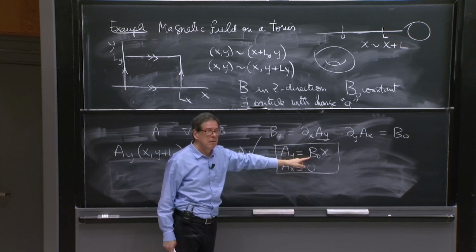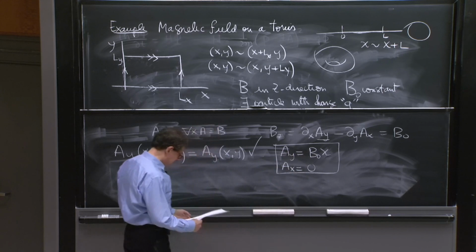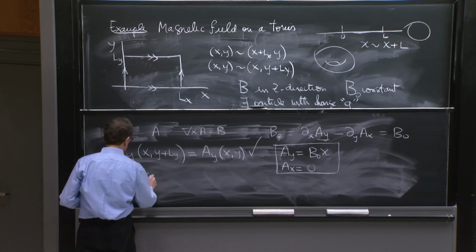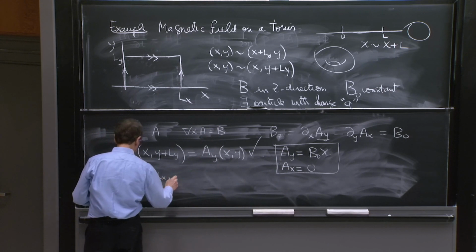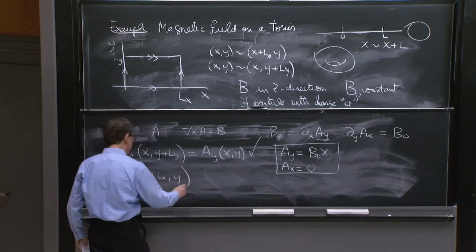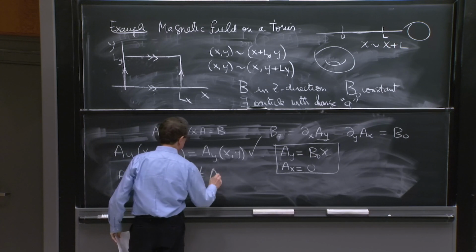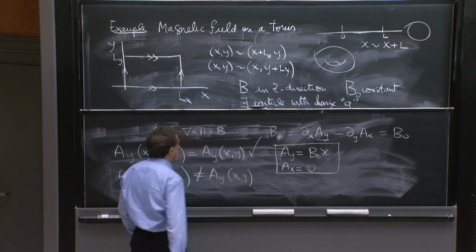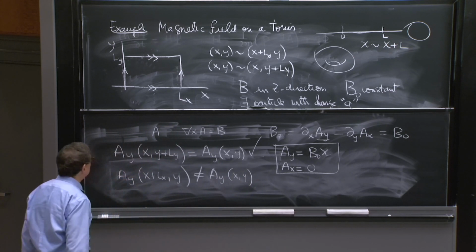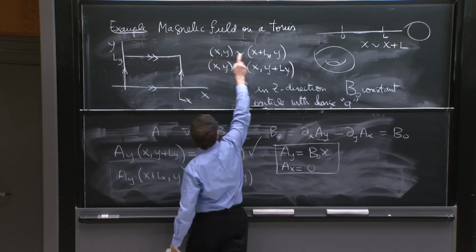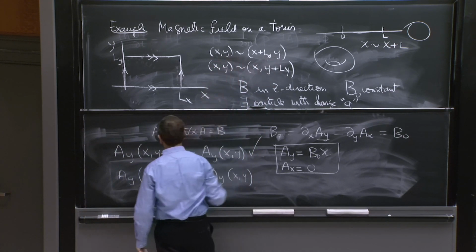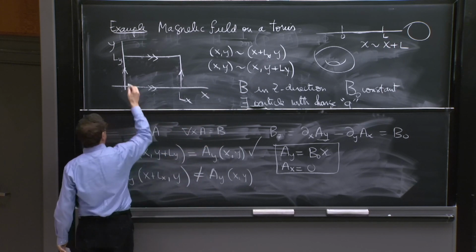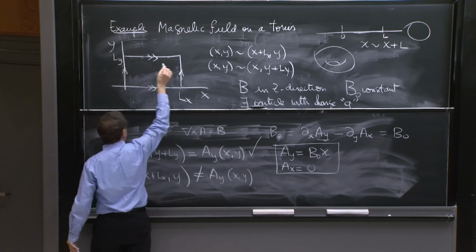And here it seems like A_y at x plus Lx, and the same point y, is not the same as A_y at (x, y). And this is a torus, so these points, x plus Lx and y, should be the same. So this vector potential is not the same here as here.